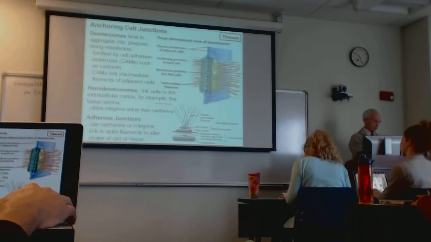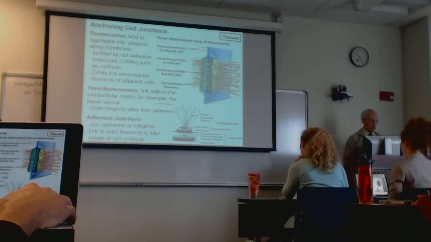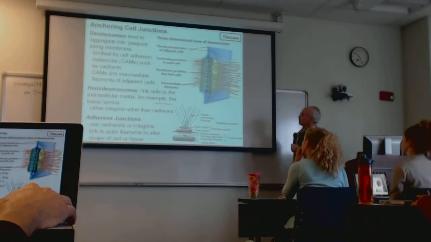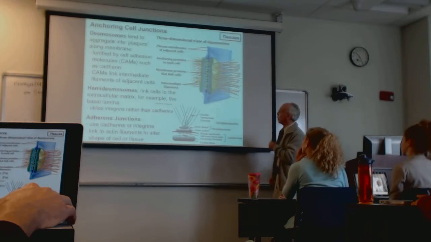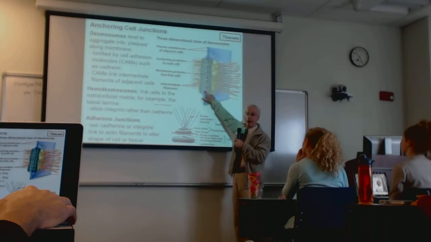So, yeah, the next few slides here just talk about the desmosomes, and you have another illustration here. If there is a problem with cell-cell linkage in epithelial cell junctions, oftentimes it's a deficiency or problem with the CAMs.